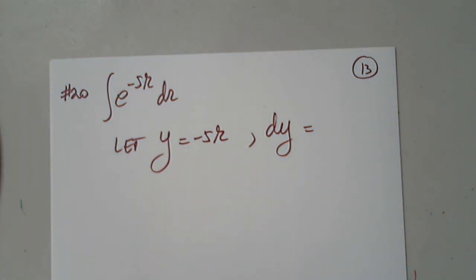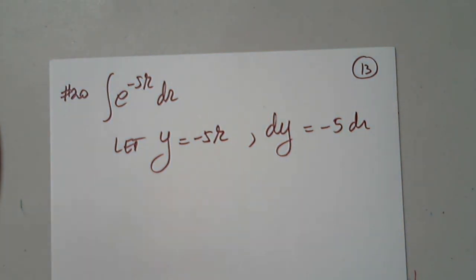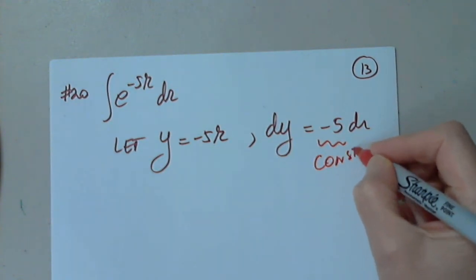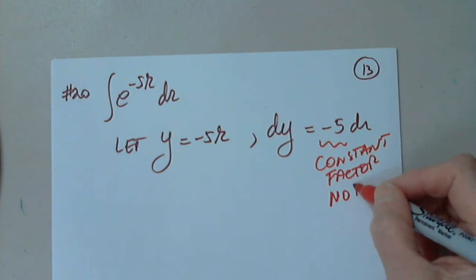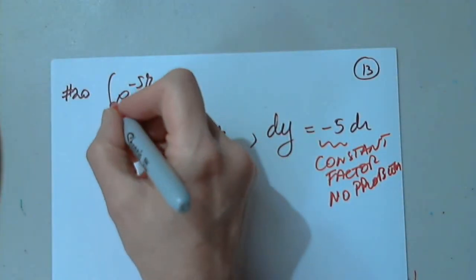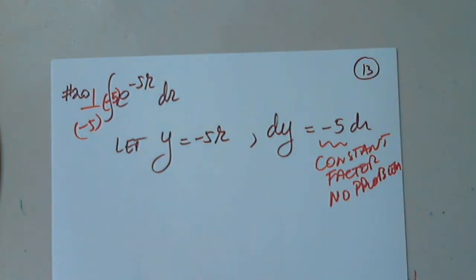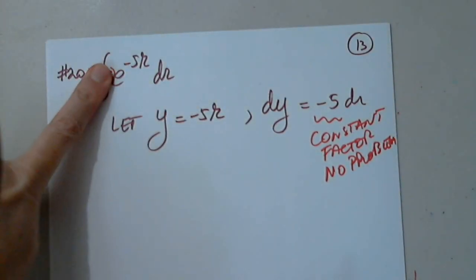What is dy? -5 dr. Excellent. And you can say, oh, what do I do now? A constant or factor, no problem. Okay, so I'm going to multiply by -5 and divide by -5, which is 1. I didn't do anything.